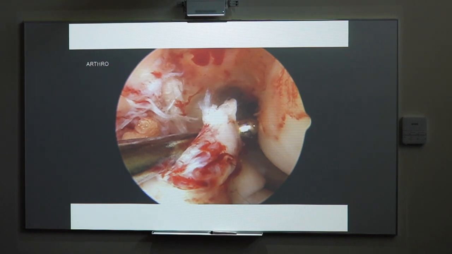Our arthroscope is not bigger than a small pencil. It's a very thin instrument, maybe 4 mm or 6 mm thick. You just insert it inside, it has a camera, then you put another instrument and you can nibble, sew, reinforce, and repair.